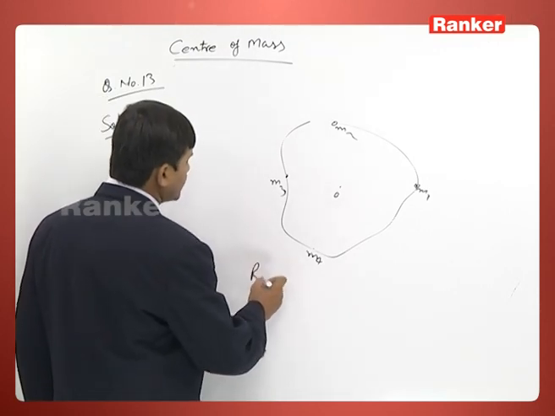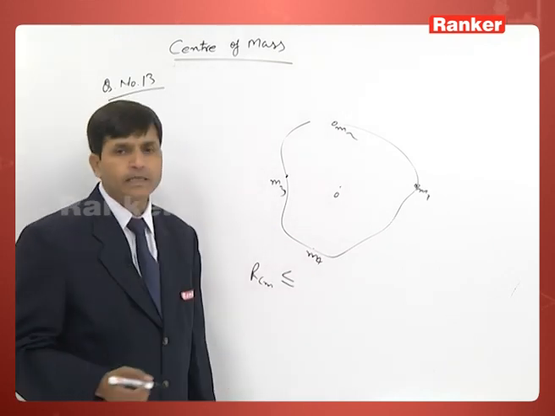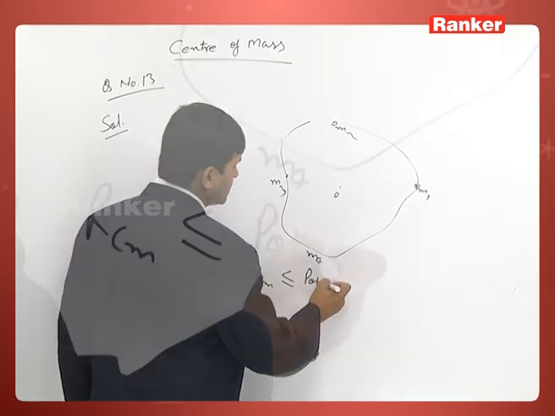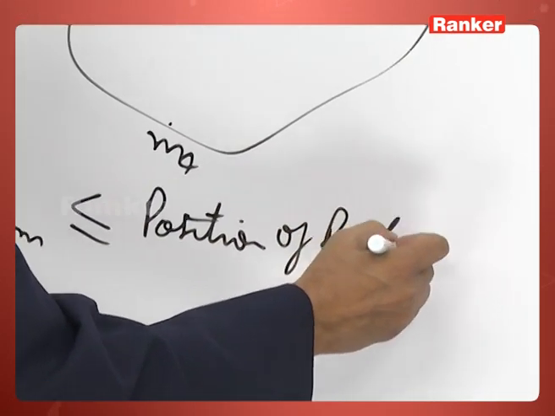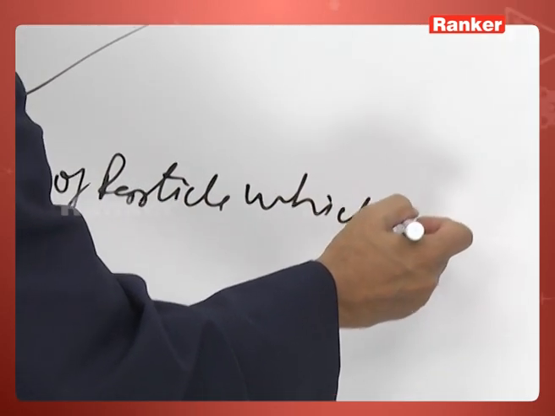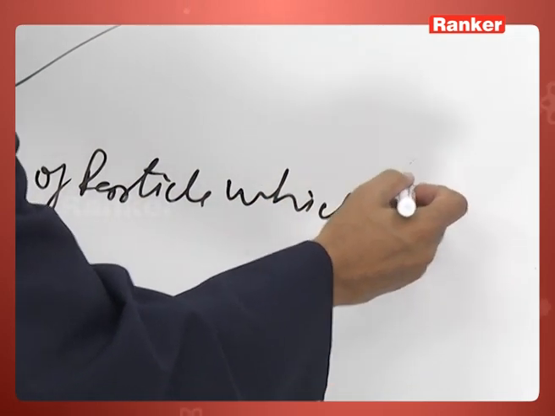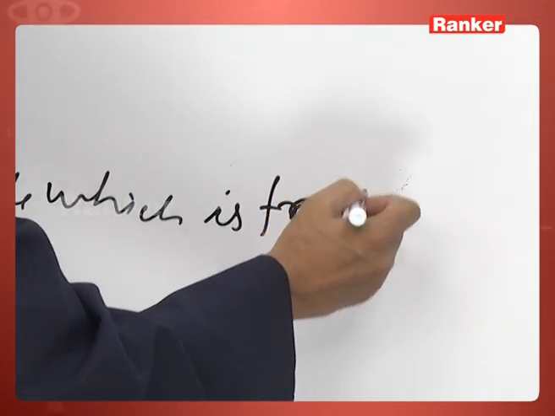So, R_CM is always less than or equal to the position of the particle which is at the farthest distance from a fixed point.